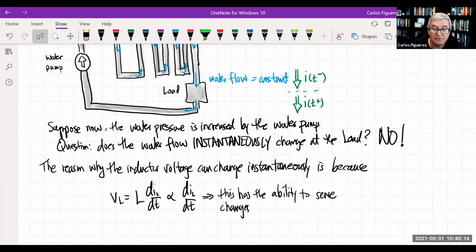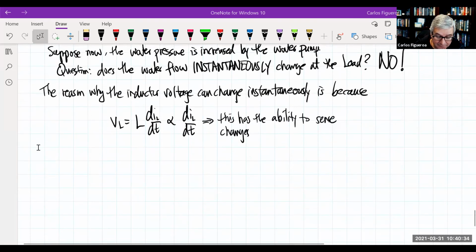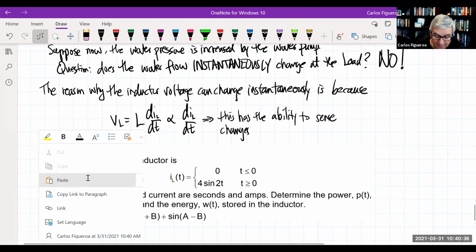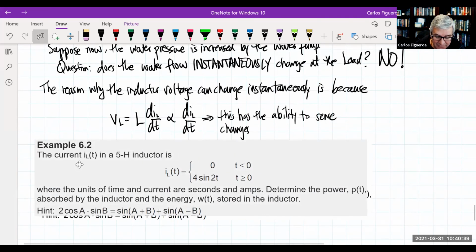So what we want to do is keep moving along this direction and break it up a little bit. I'm going to be done with inductors, and I want to do this example right here. This is example 6.2.